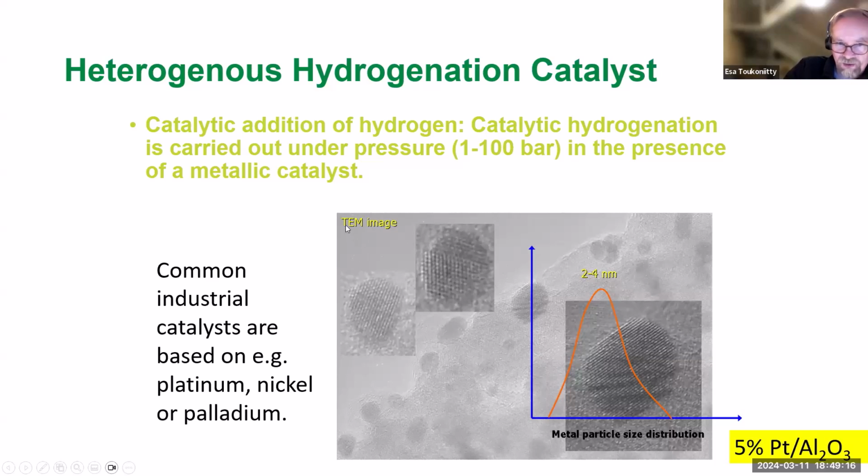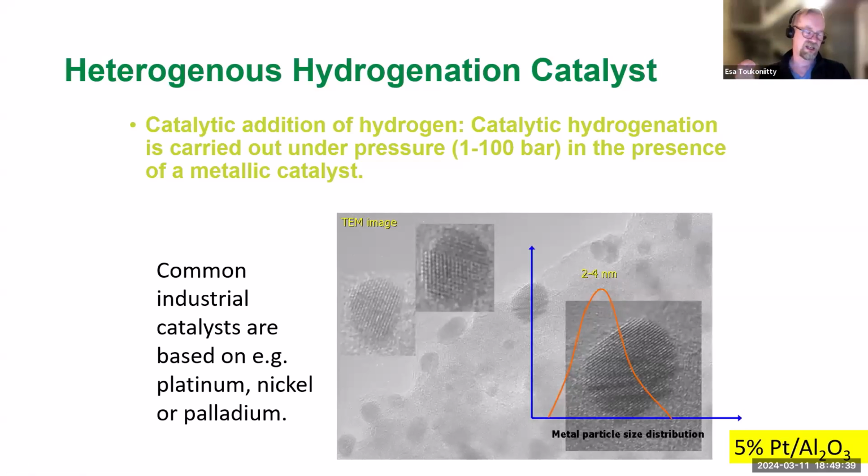This is a transmission electron microscopy image of a real catalyst. I used this in my research some 20 years ago. The lighter gray material is aluminum oxide, which is typical. It can be a catalyst as such in some reactions.